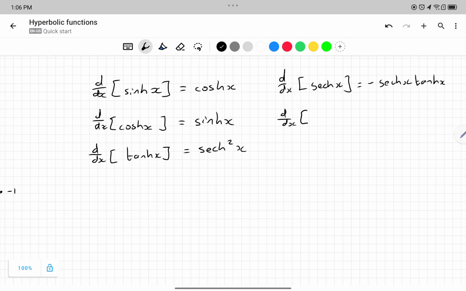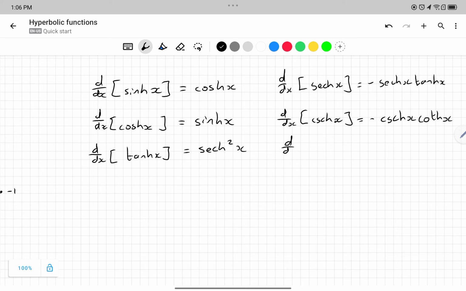And then this one is going to be negative hyperbolic cosecant x, hyperbolic cot x. Right.